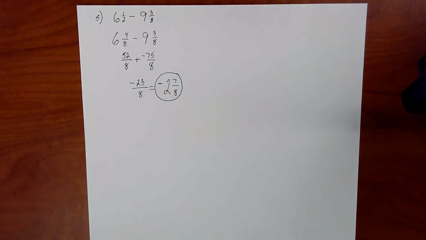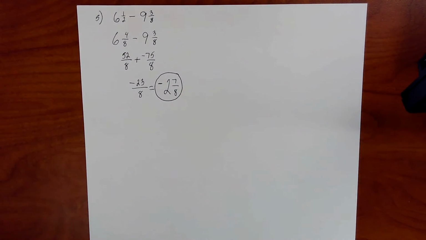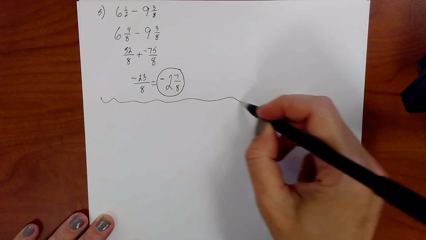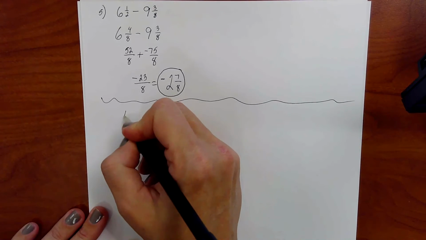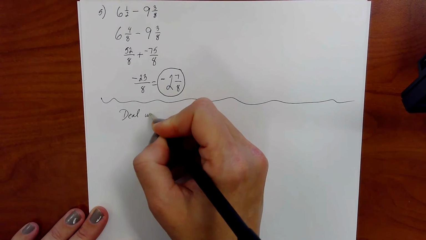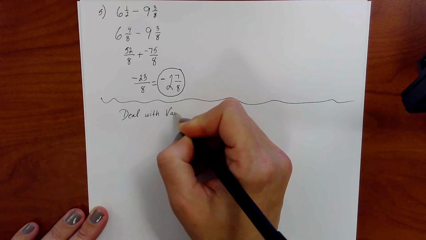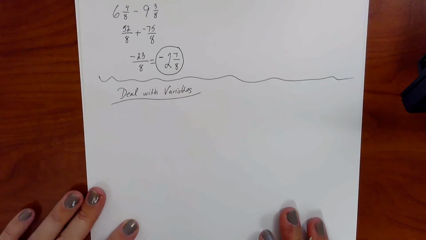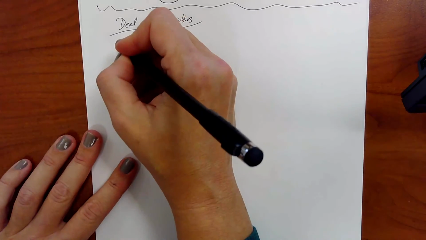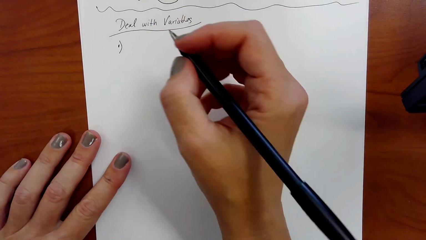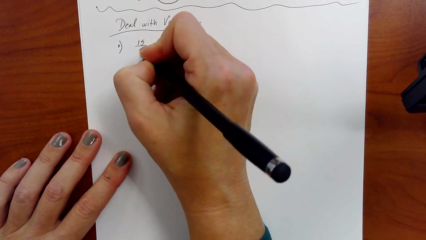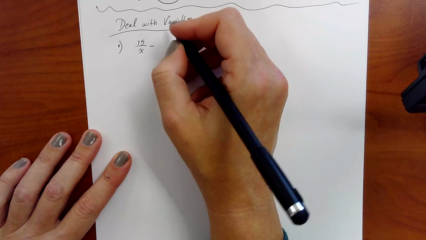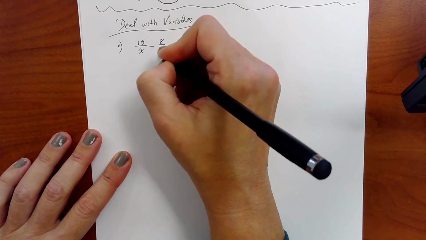Good. Okay, and the final twist, here it is, for the accelerated math class, is we have to deal with variables. This is kind of fun. So we'll just do some examples. You'll see what I mean. So one example might be like this: 15 over x minus 8 over x.